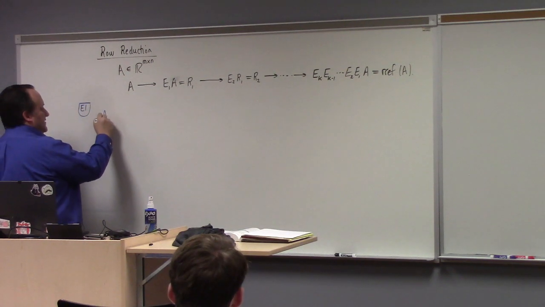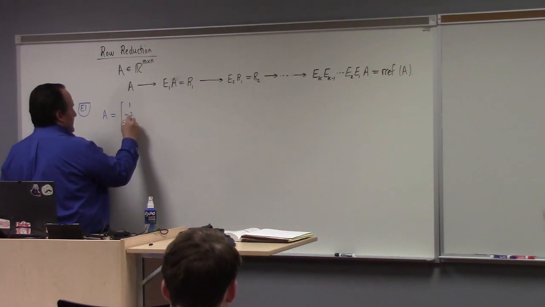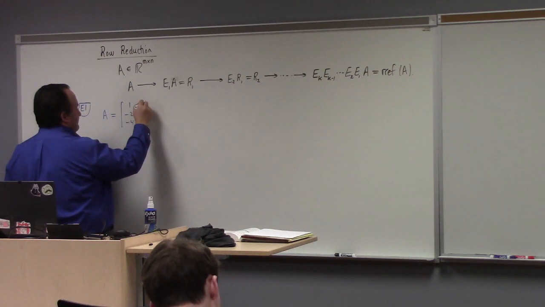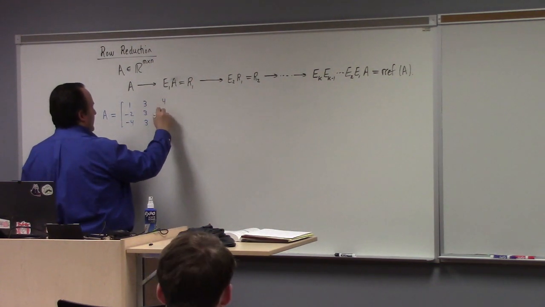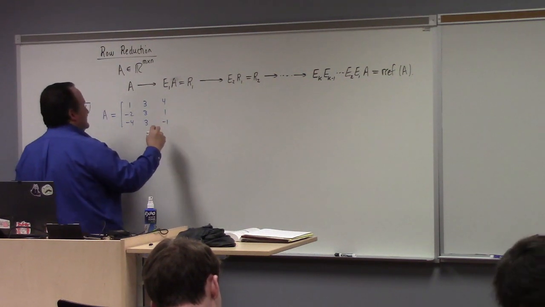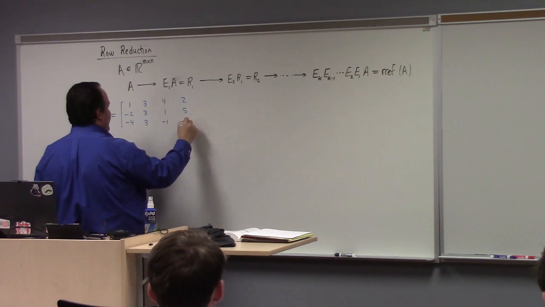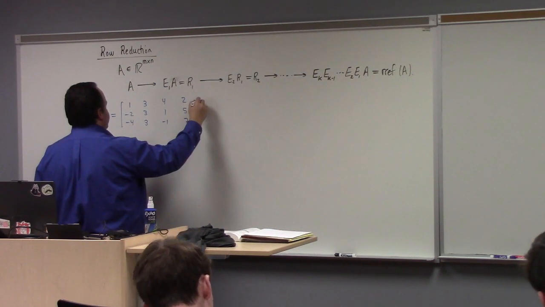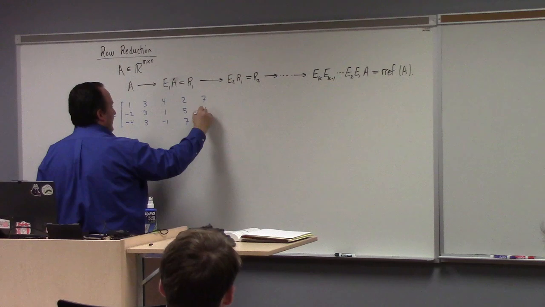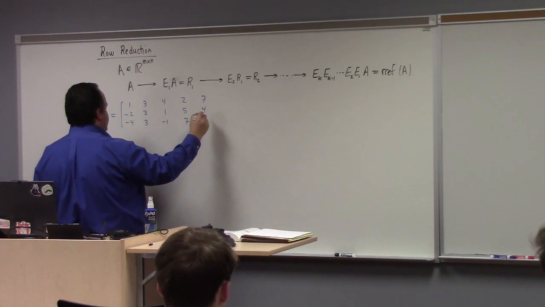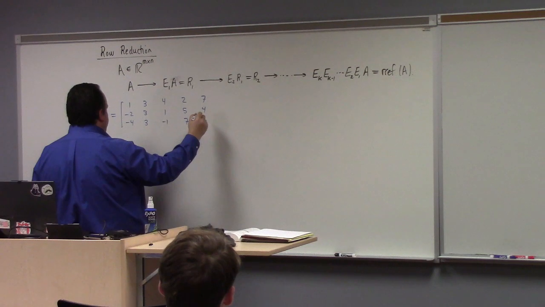All right, so let's make this matrix big enough. Something like, I don't know, 1, minus 2, minus 4, 3, 3, 3, 4, 1, minus 1, 2, 5, 7, 7, 4, 2, I think.